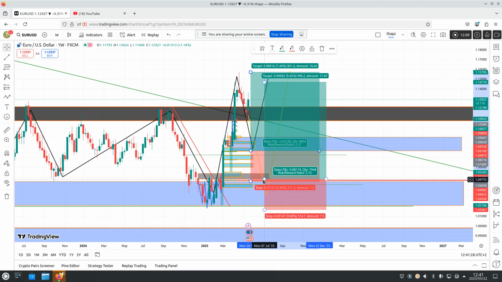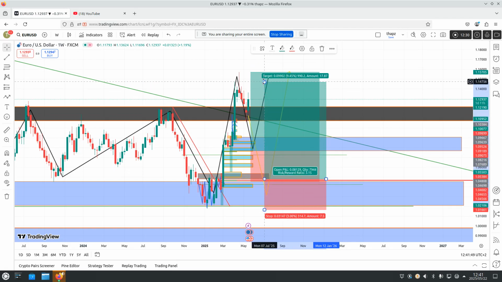This will be our second position, expecting to go for a buy on this chart. So we can expect again a buy limit there at 1.04808.